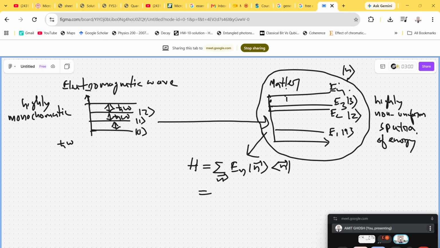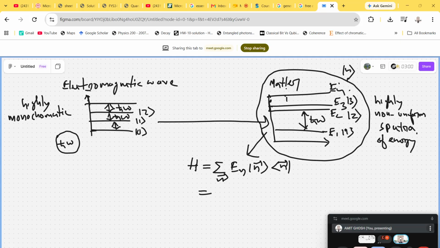Now your incoming light has a frequency, you are assuming monochromatic, so each photon has energy h cut omega, right? So unless the gap is h cut omega, others cannot interact with the light, right?